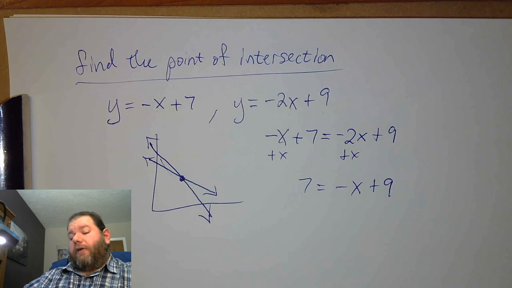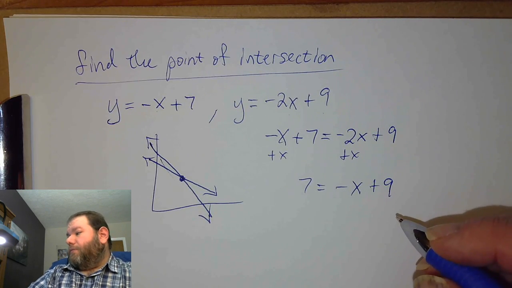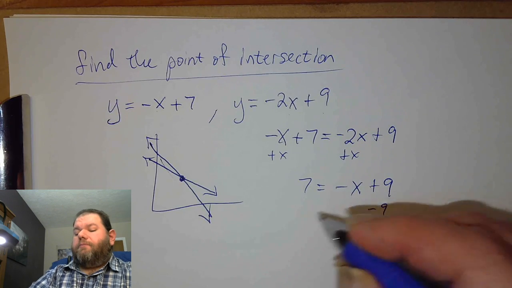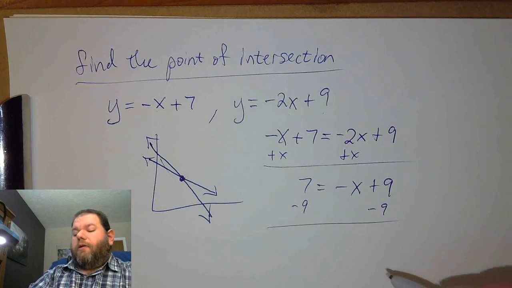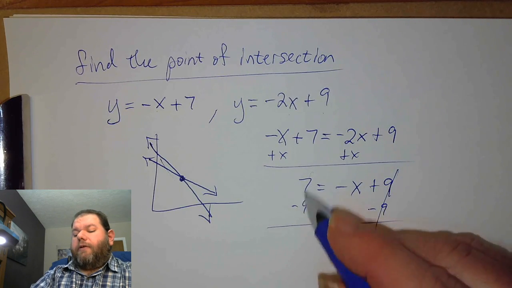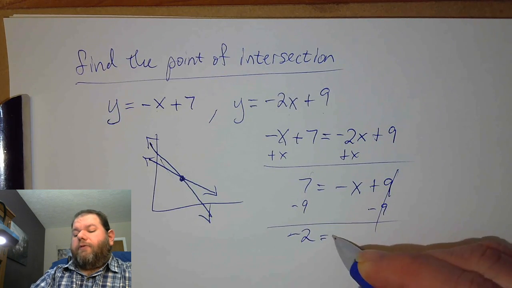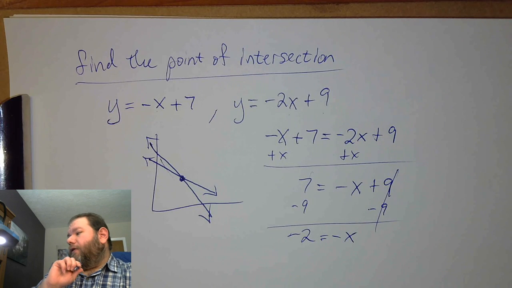So we have the x's together, now we need to move one of our numbers. Subtract 9. Let's see, so that cancels the 9, so that is -2 equals -x.